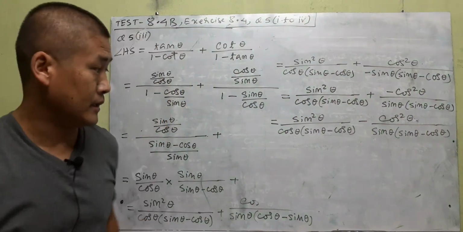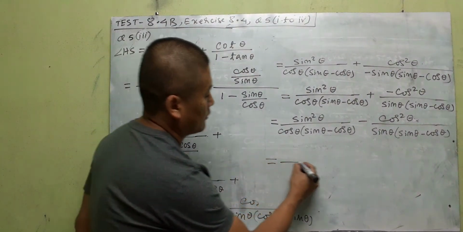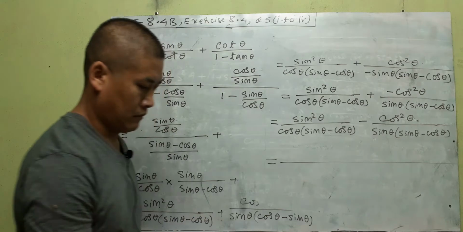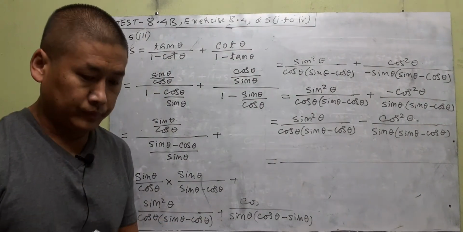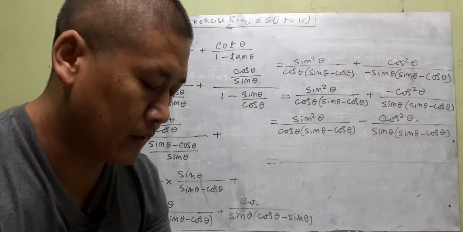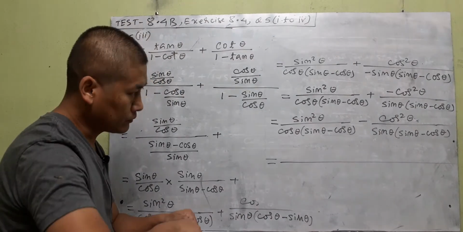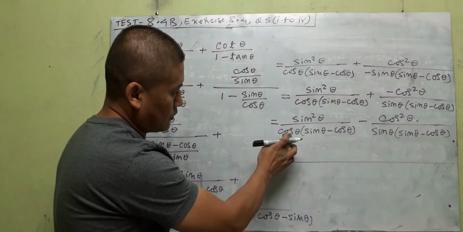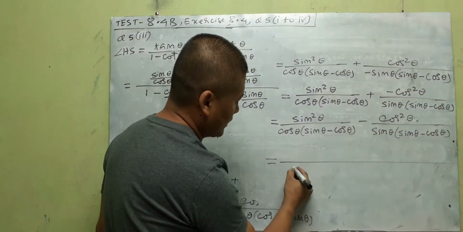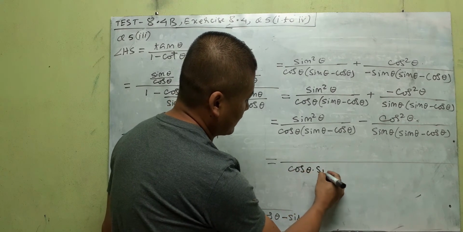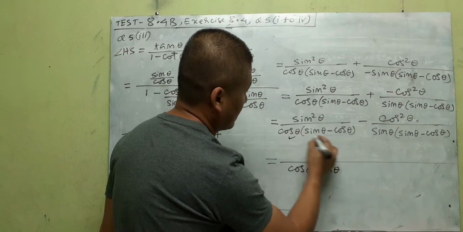Now let us take the LCM and do. Next step, long line like this. Then let us do part by part so that it will be easier for us. Look here. Cos theta, sin theta, LCM will be cos theta into sin theta. So this two part LCM is done.